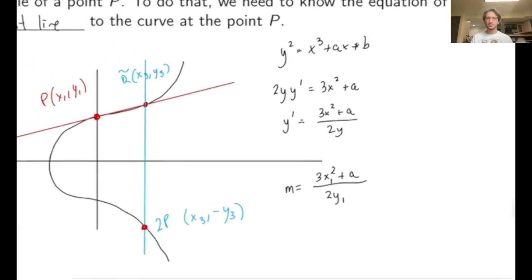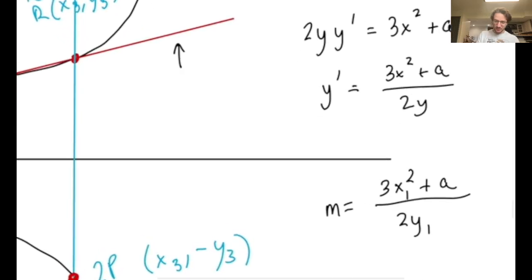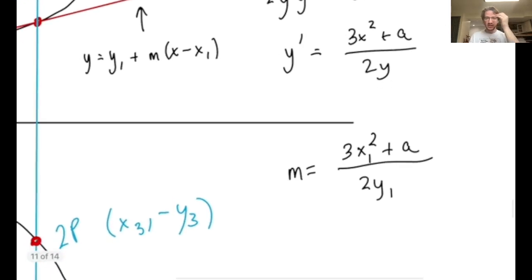Okay. So now I know the equation of this line is y equals y1 plus m times x minus x1, where m is this 3x1 squared plus a over 2y1.